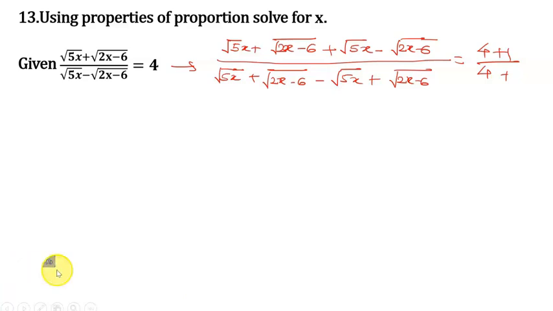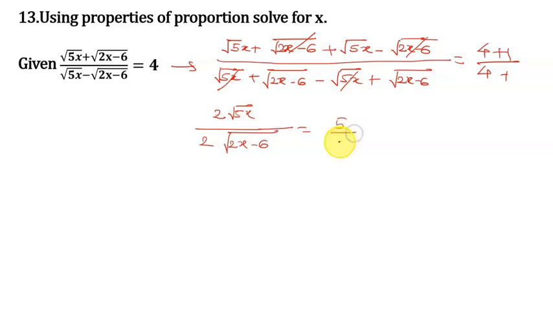Okay, and the next simplification, these two get cancelled from the numerator, and here these two get cancelled. We simplify this, then you will have 2 root 5x upon 2 times root of 2x minus 6, and that's equal to 5 upon 3.